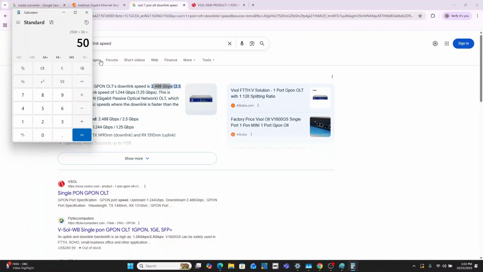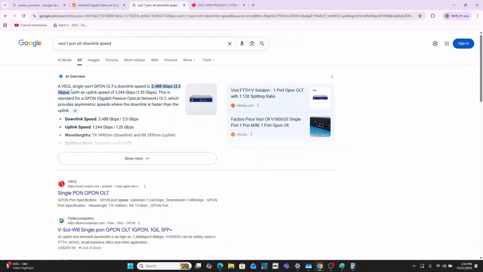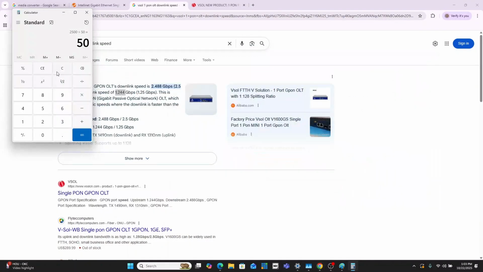And the upload speed is 1.244 or 1.25. That's 1,250. So that means if we have 50 customers, we'll now be dividing 1,250 by what? 50.